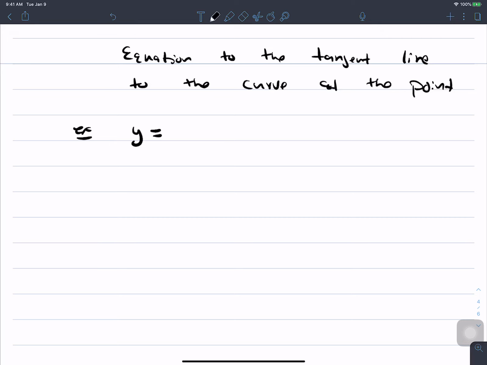Let's get that curve again. We have 1 plus x cosine x, and the point they give us is 0, 1.